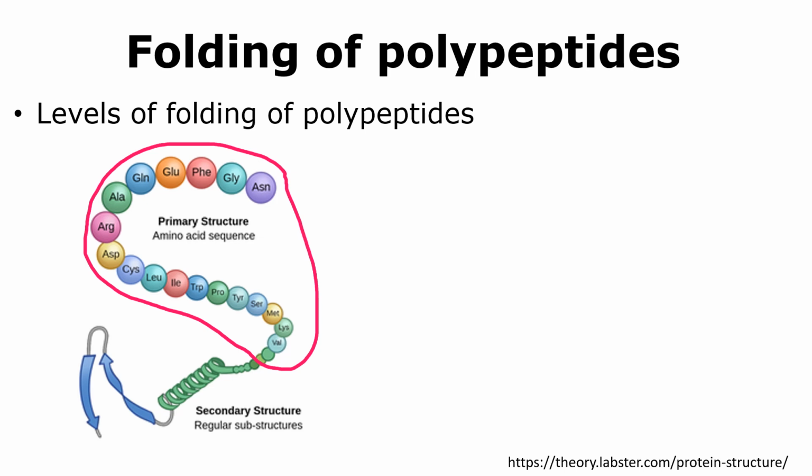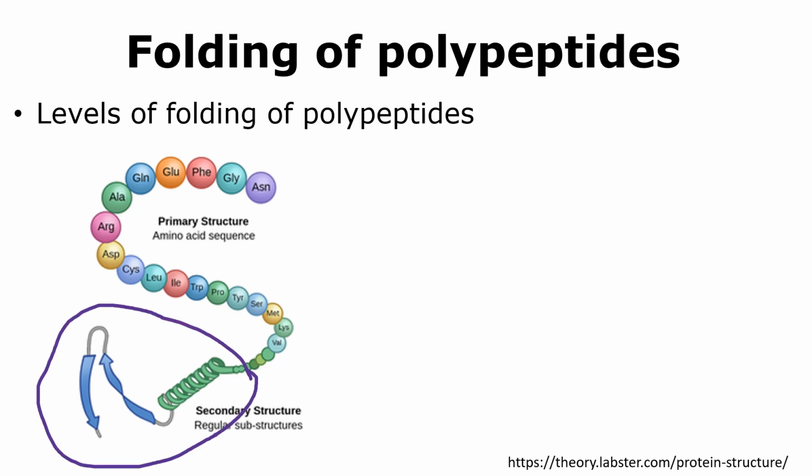The first level of folding is the primary structure, and this is where we have the linear chain of amino acids, and hence we know the amino acid sequence of the polypeptide. The amino acids can start folding to form more complex structures, and these are in the form of secondary structures.